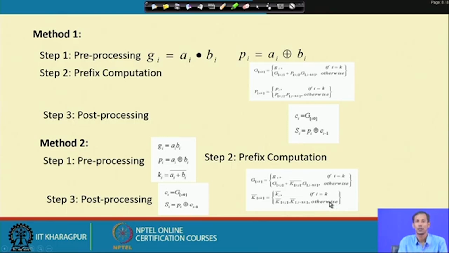Then again finally follow the same post-processing for final computation at each position or stage. Again, i varies from 0 to 7, so for 7 the sum and carry will be computed.